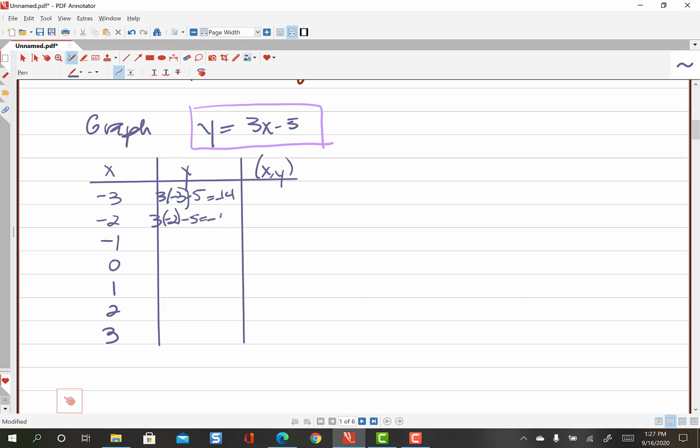That's negative 11. 3 times negative 1 minus 5, that's going to be negative 8. This is going to just be negative 5. This is 3 times 1 minus 5, or negative 2. Then 3 times 3, 3 times 2. I got ahead of myself there.